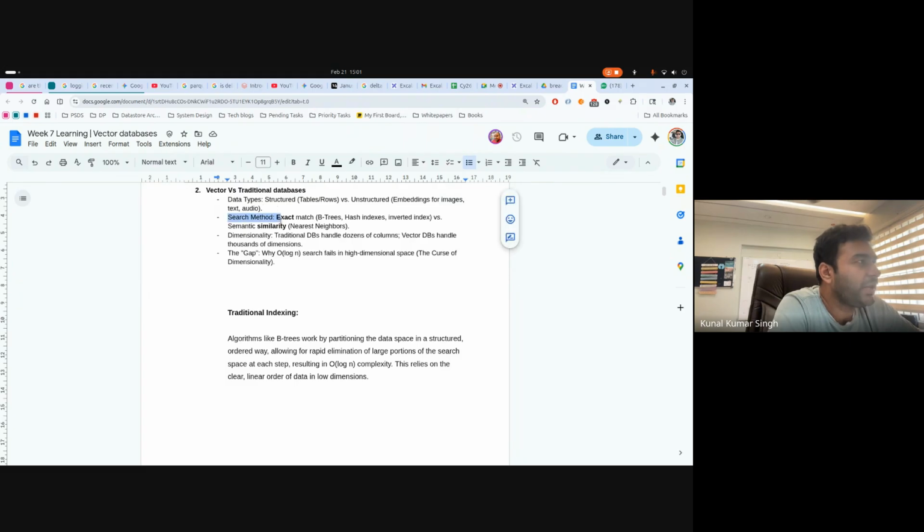Search method, this is very important to understand: in vector databases, you can never search for exacts, right? It always does a similarity search. In a vector database, there is no result which will not match. Potentially every result which is there. Let's say we are talking about an e-commerce product database, and there are 1 million results, then all 1 million will match any query that you fire, right?